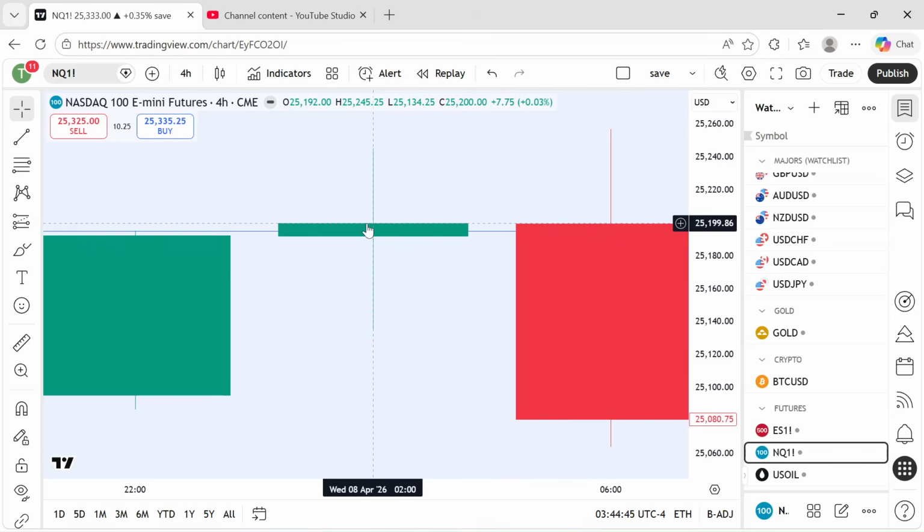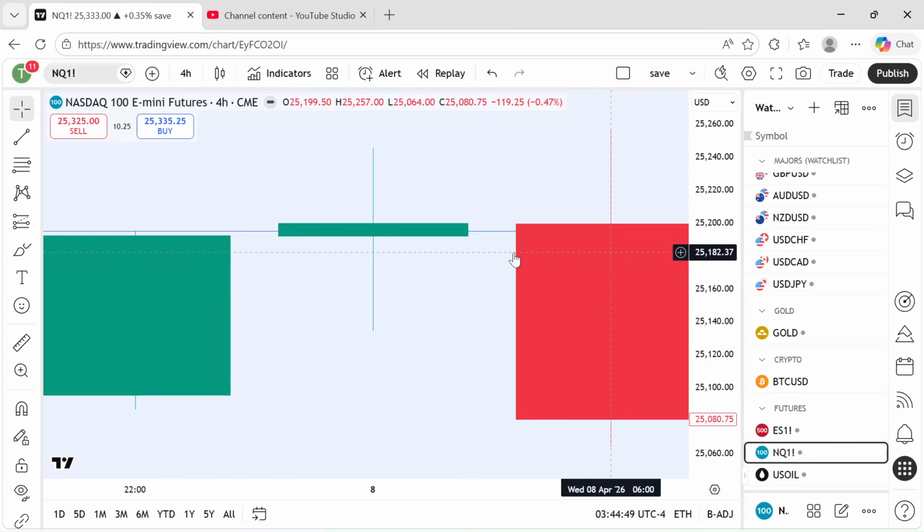Even right there, from 2 to 6 o'clock, there's still no indication that this is ready to have any type of reversal in the opposing direction. None. So you would stick with it.